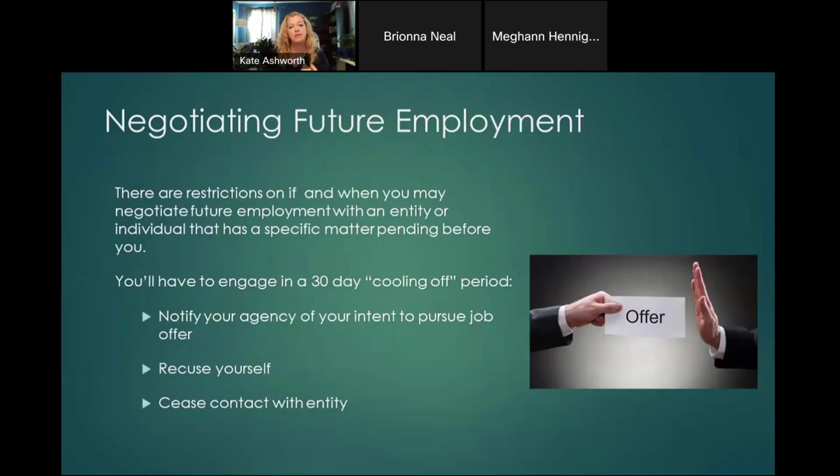They can pursue a job with a vendor that's doing business before them, but they have to utterly recuse from doing any business with that third party for a 30-day cooling off period before they start negotiating that job. So they have to recuse, and they have to contact the ethics officer about that just to make sure that this job offer is not some sort of backdoor effort from that private sector agency to kind of scoop up employees and gain that insider information.